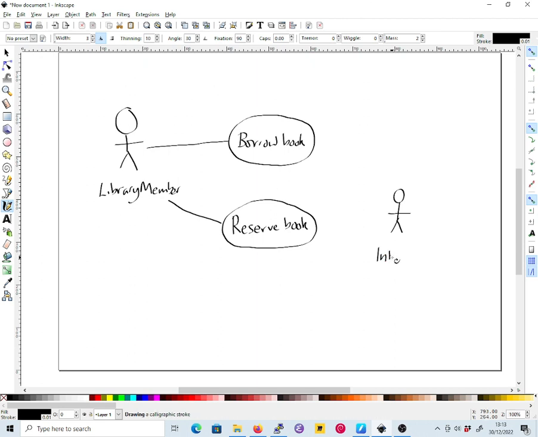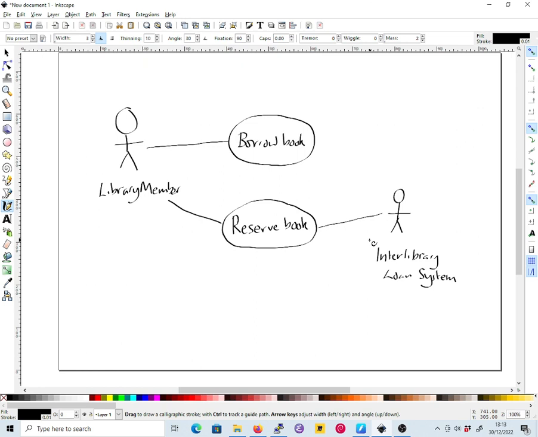So in this case, this is the interlibrary loan system. And similarly, it's connected via a solid line, an association, with the relevant use case.